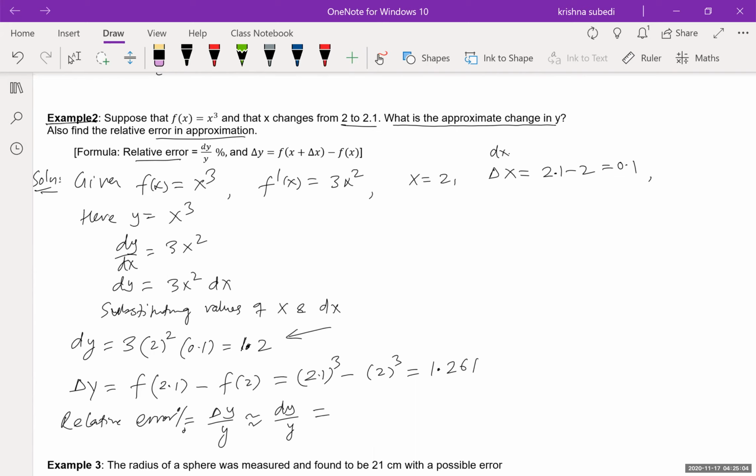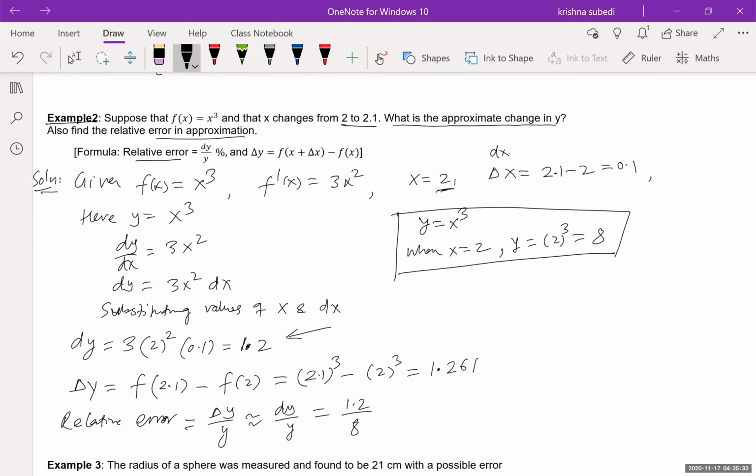Let me first write the relative error and we change it into percentage later. Relative error is dy, which is 1.2, over y. Y is not given, but you can find y here because y is x cubed, and when x is 2, y equals 2 cubed, which is 8.